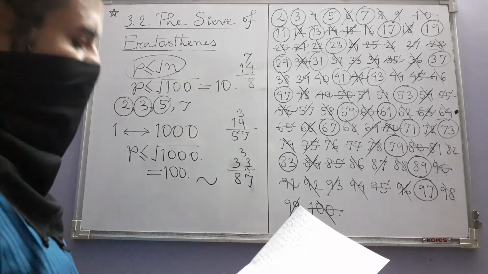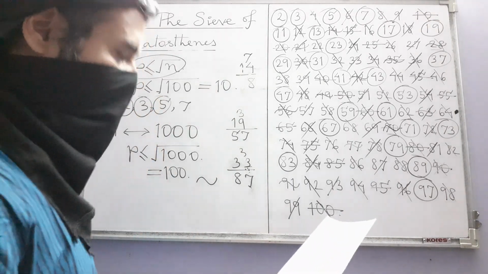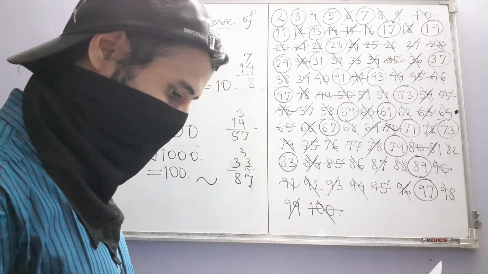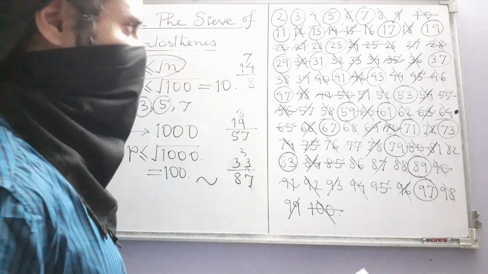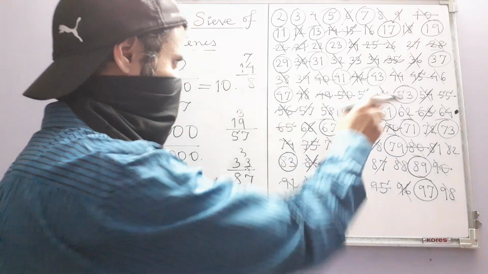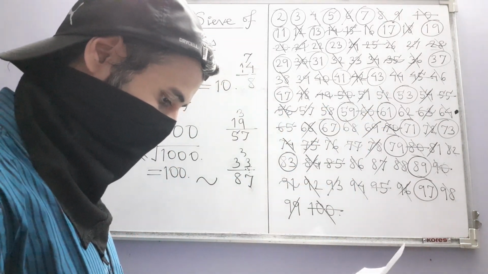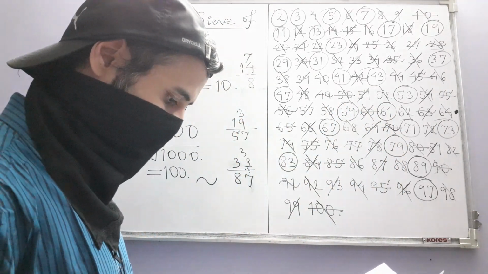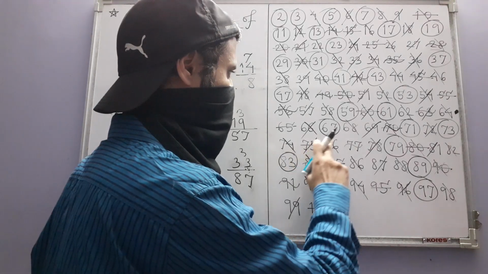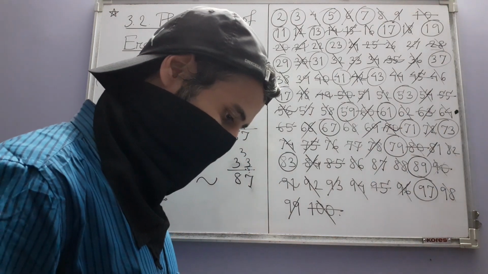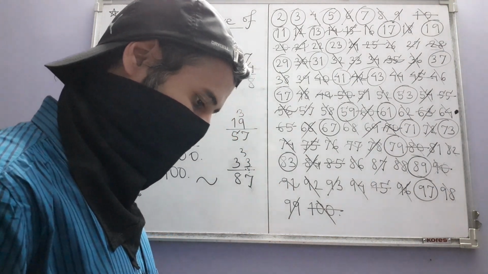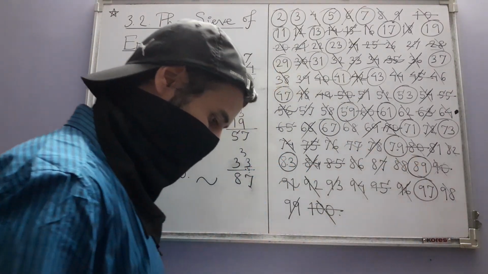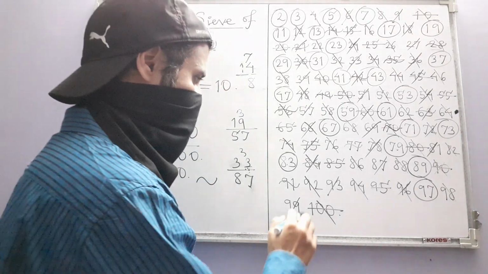2, 3, 5, 7, 11, 13, 17, 19, 23, 29, 31, 37, okay, then 41, 43, next 47, 53, okay, then 59, 61, next 67, 71, 73, 79, 83, 89, and finally 97.